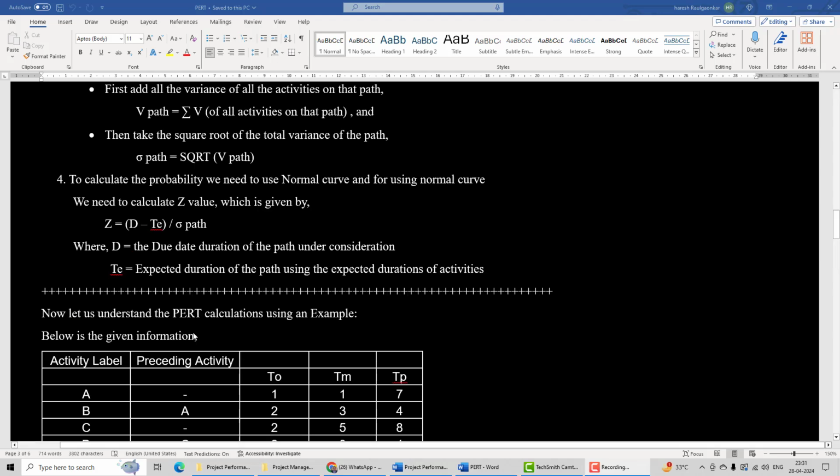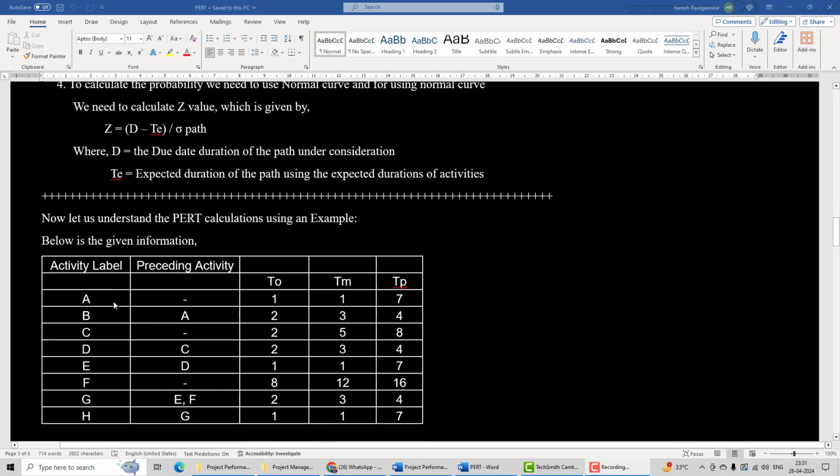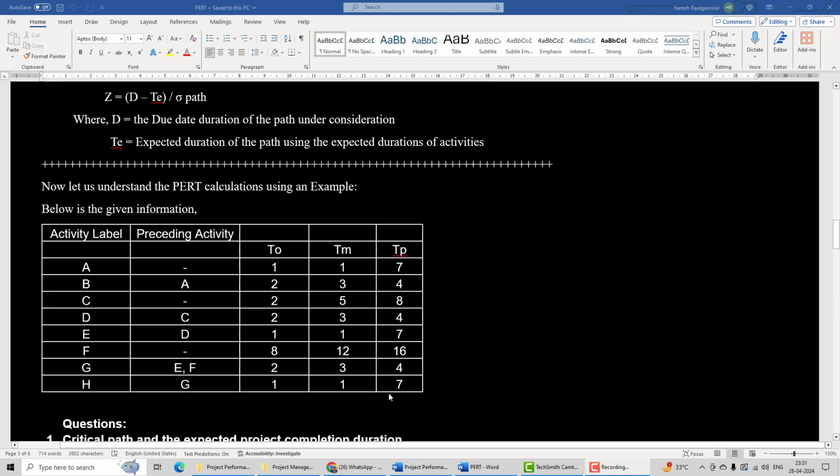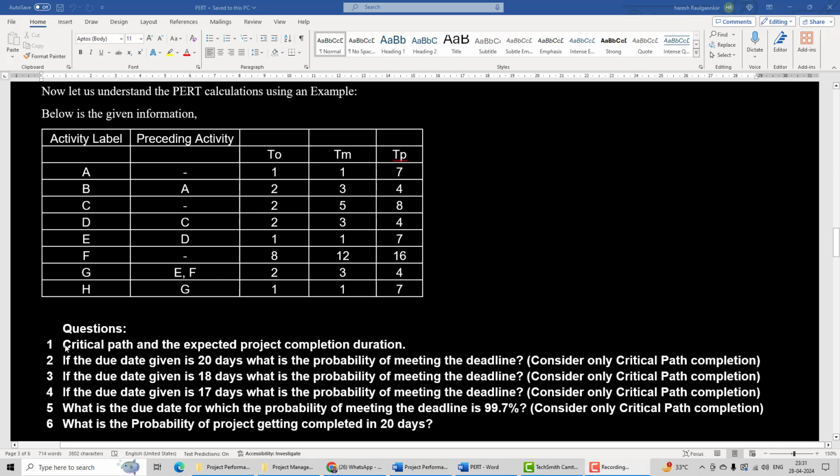Now let us understand these calculations using an example. We have this particular project which has A to H activities, and the preceding activities are also given, and the optimistic, most likely, and pessimistic durations in terms of weeks, I think, are given here.